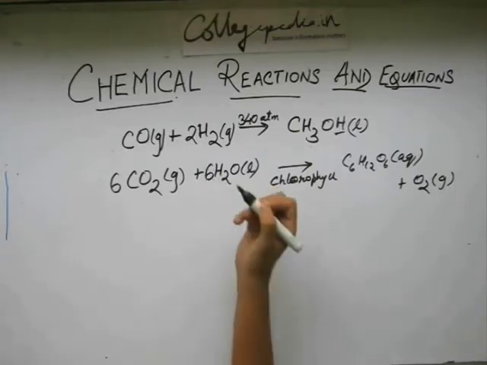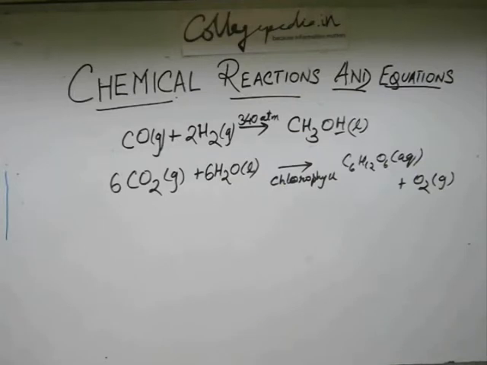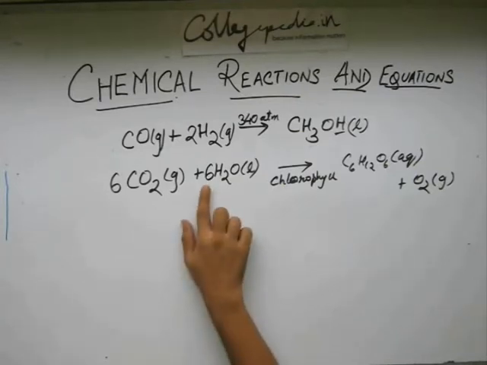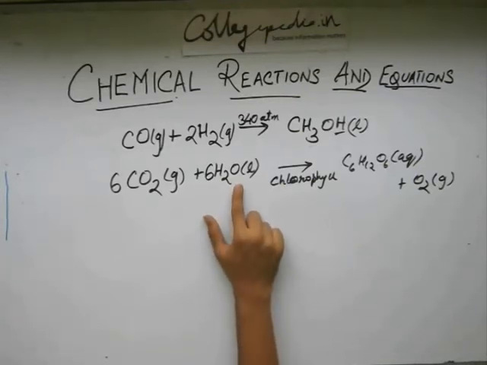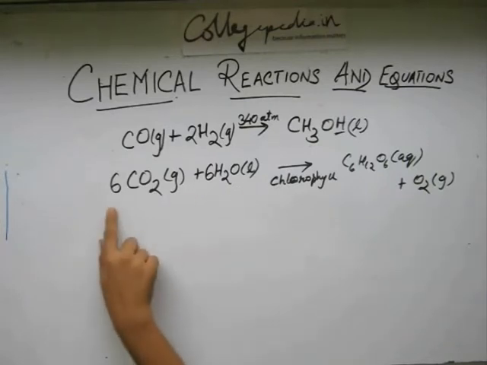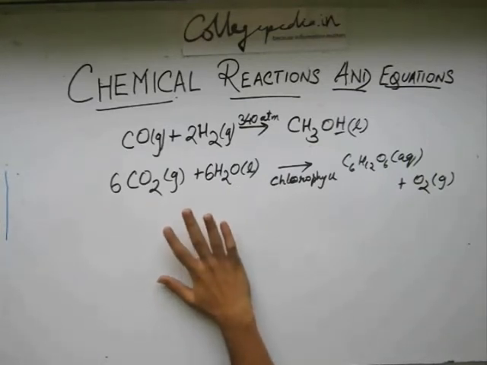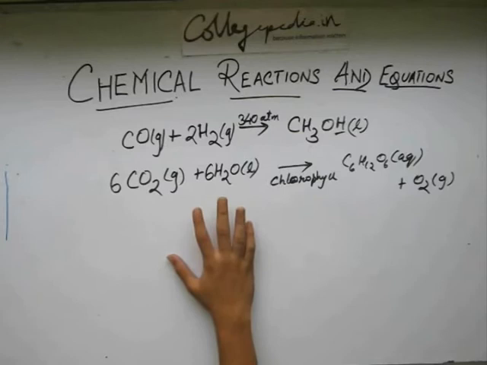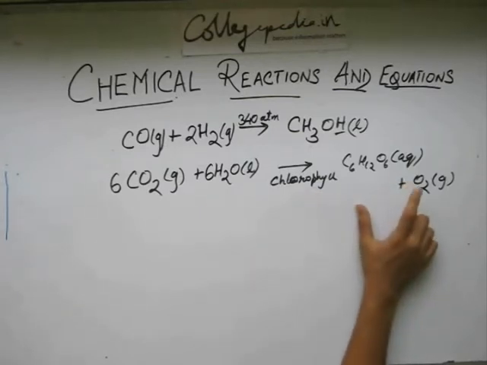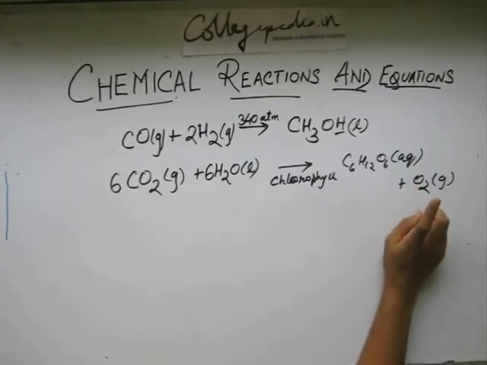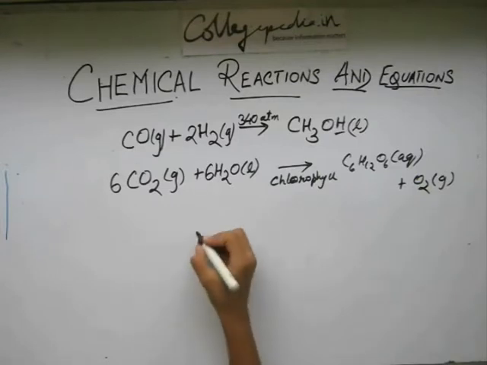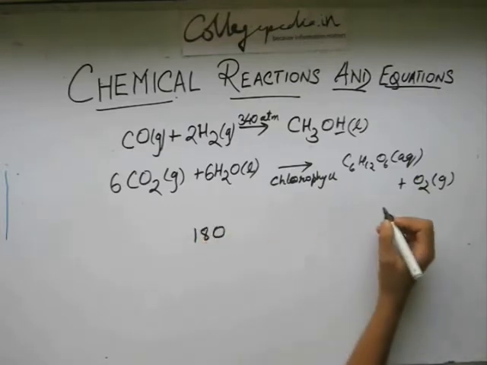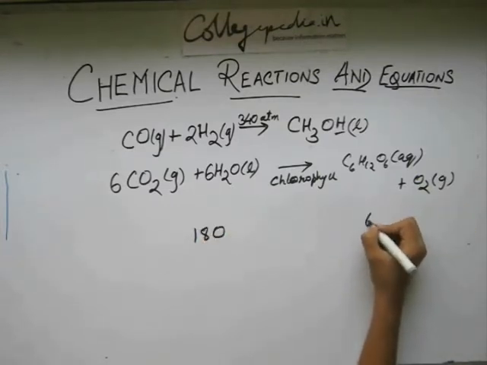So again multiply this with 6. So you will see that this has 6 oxygen now, and this has 12 oxygen. So there are 18 oxygens, and here there are 6 oxygens. Here there are 2 oxygens.